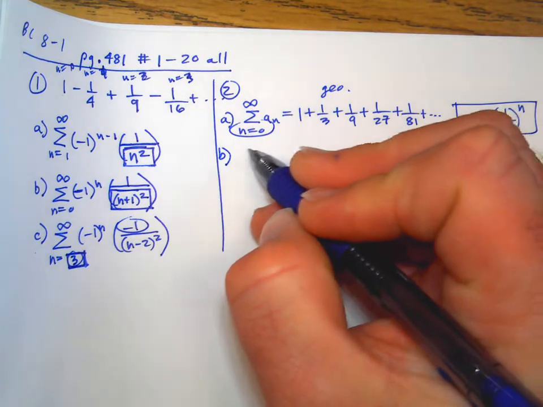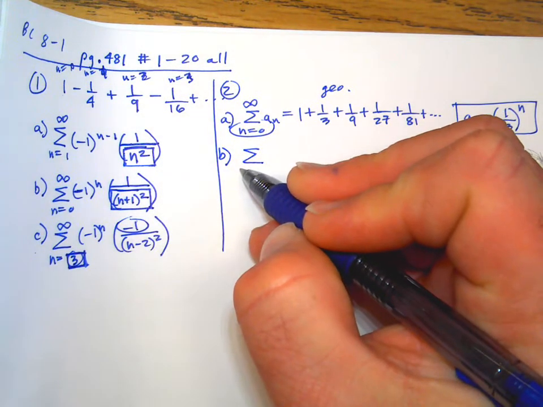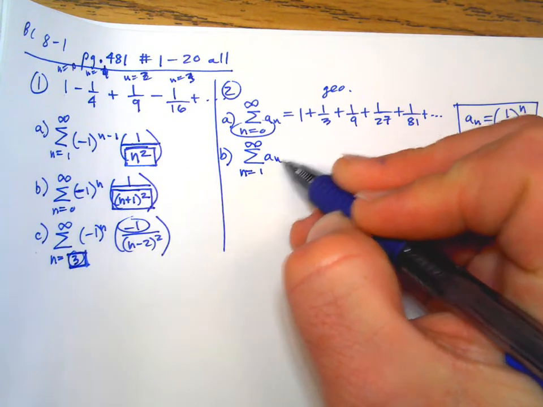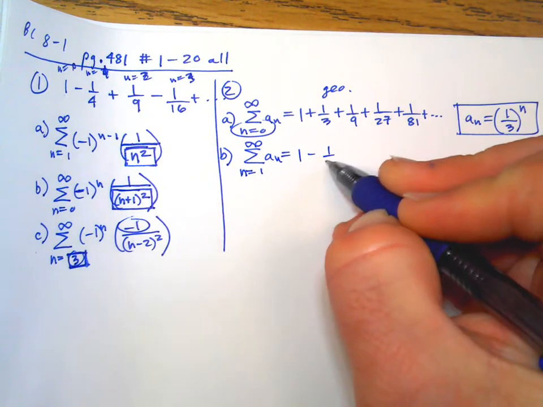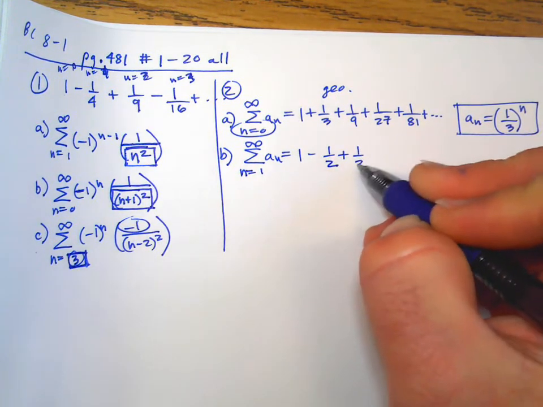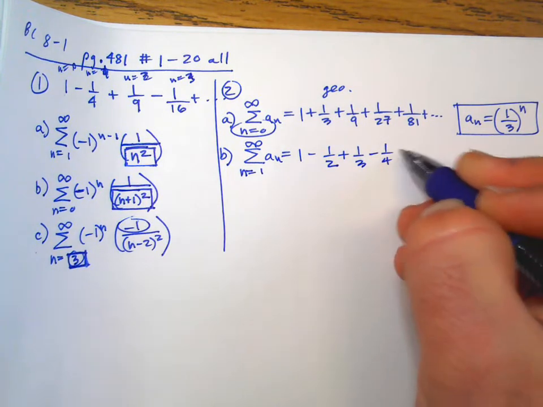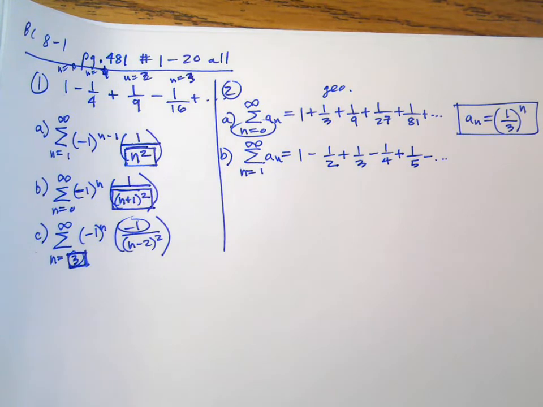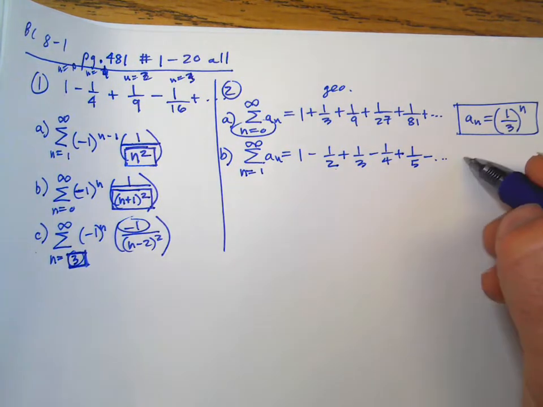B starts at n equals 1, so we've got to pay attention to that. Now, I noticed the terms are flipping signs, so we definitely need a negative 1 to a power involved.